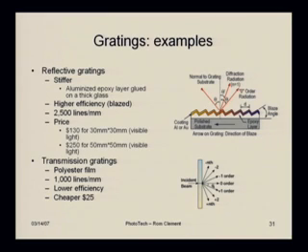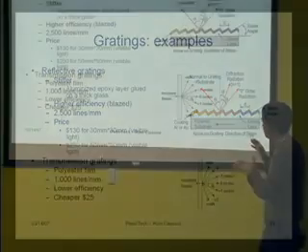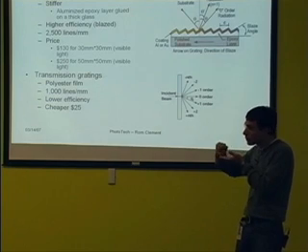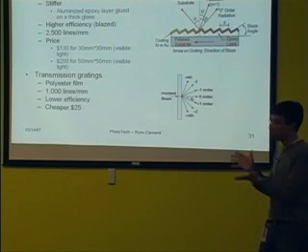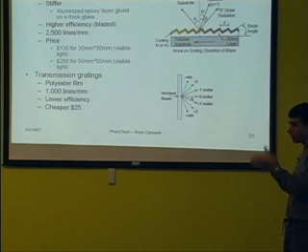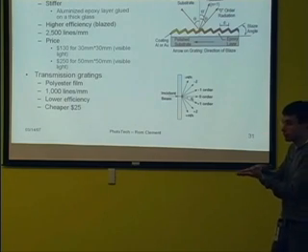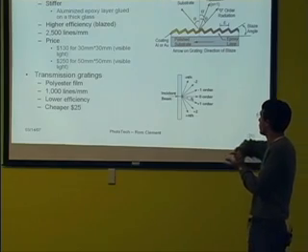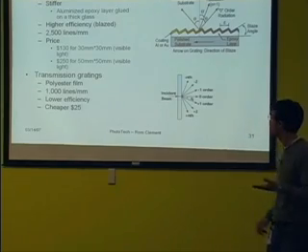Reflective gratings are made of, so the shape of the top itself is usually made with a mold, and so it's an epoxy layer, and then the epoxy is glued on a thick piece of glass, and then a coating is added on the top.